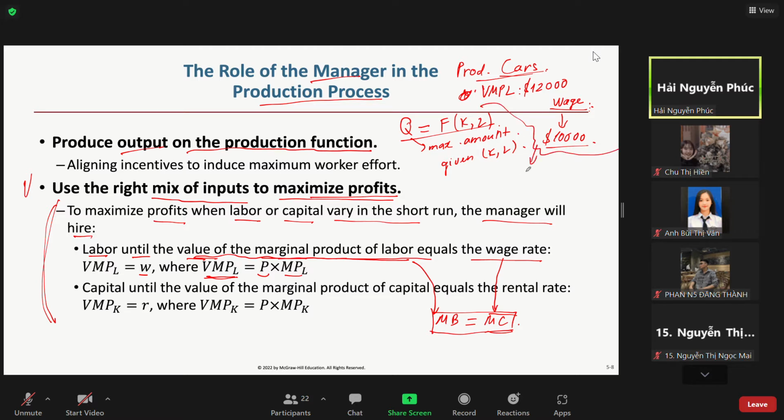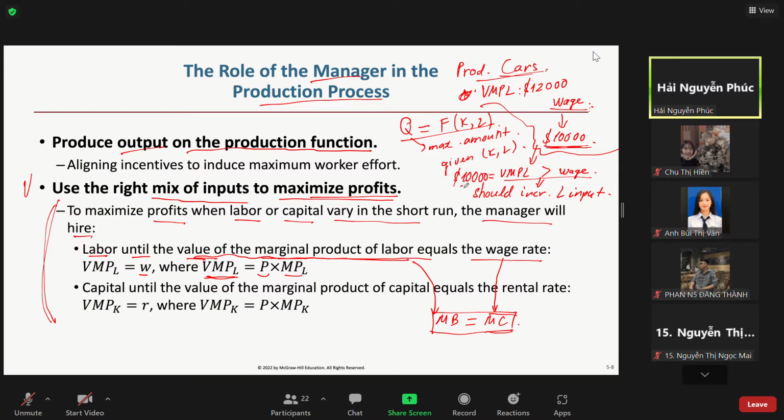You can see that your VMPL, the value of marginal product of labor, is greater than the wage, right? In this situation, you should increase the labor input until the VMPL decreases to the level which is equal to $10,000.